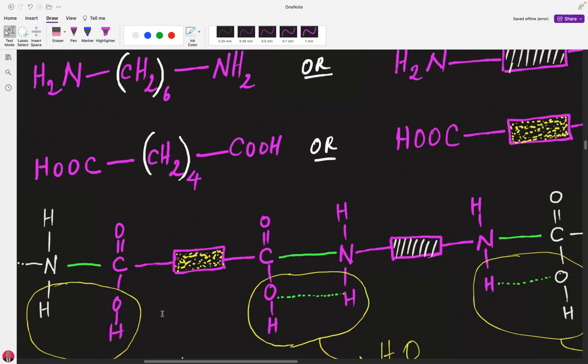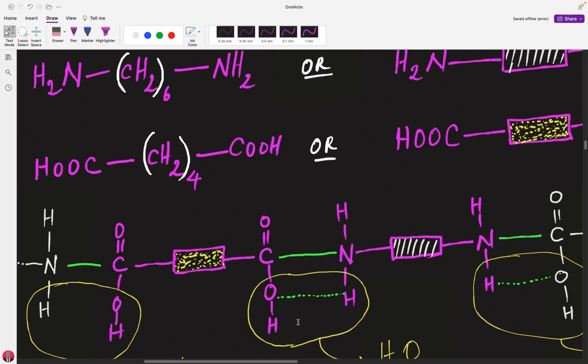Well, this is a display structure. On this display structure, I said a molecule of water is going to be released because it's a condensation reaction, though it's addition polymerization. The OH group of the acid group will interact with one of the hydrogens from the amine, and a molecule of water is released.